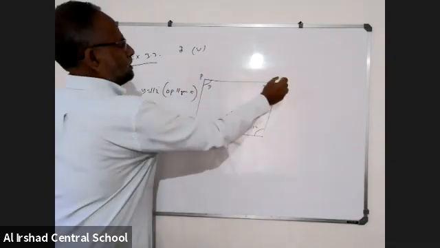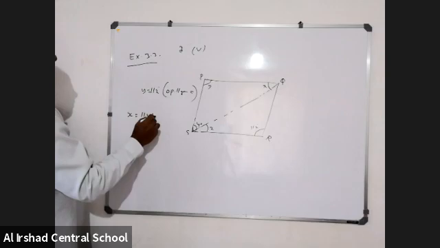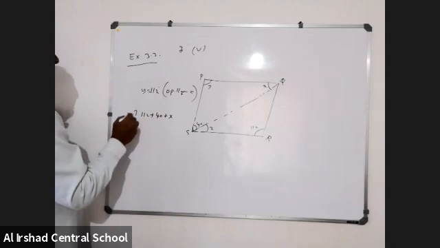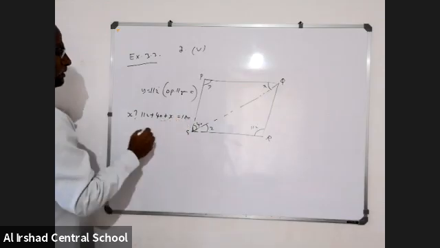P Q R S. Triangle PQS. We know 112 plus 40 plus x is equal to 180 degree. How much is x, you have to find out.